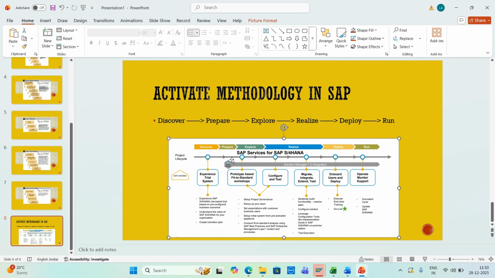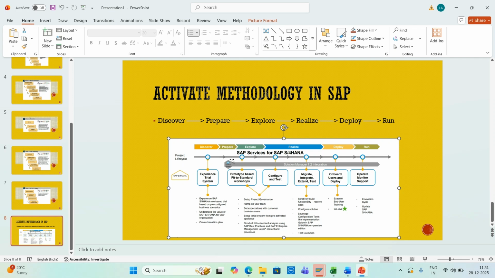This is about the Activate methodology, where there are six phases: discover, prepare, explore, realize, deploy, and run. As we saw earlier, ASAP had only five phases. In Activate, since it works on Agile, there are six phases.